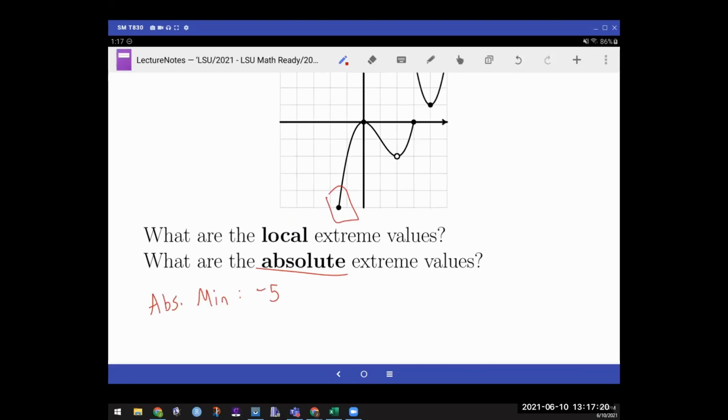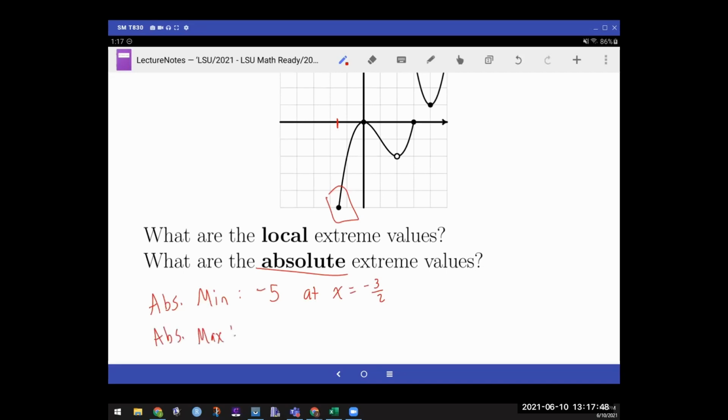That's how low it is. Usually the next part of the question is, where is that located? It's located at x equal to negative 1.5, or negative 3/2. That'd be the absolute minimum.